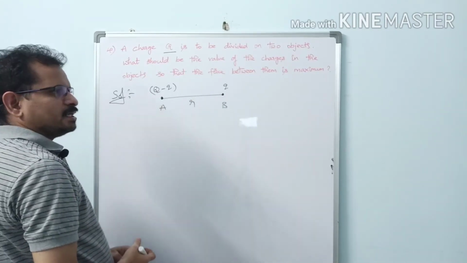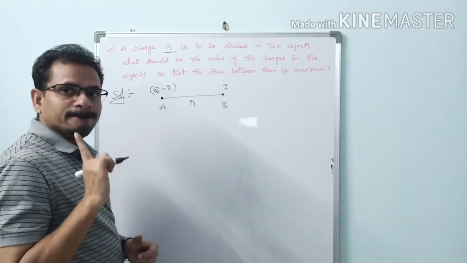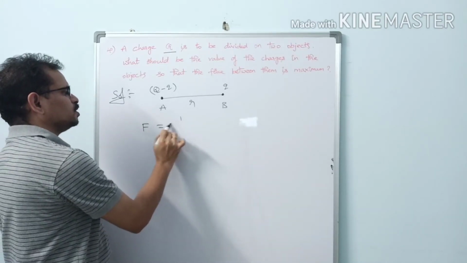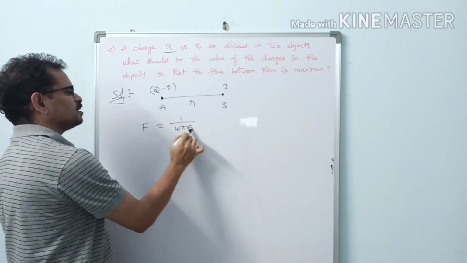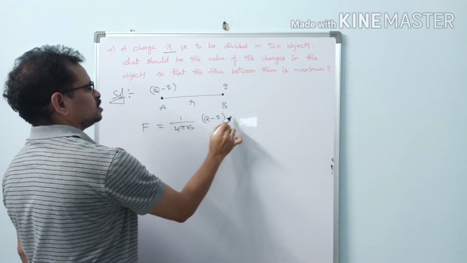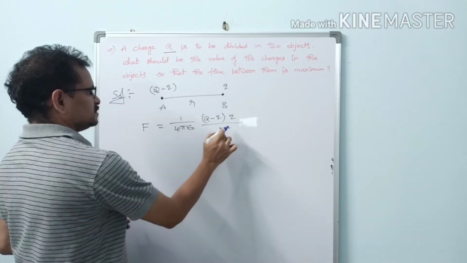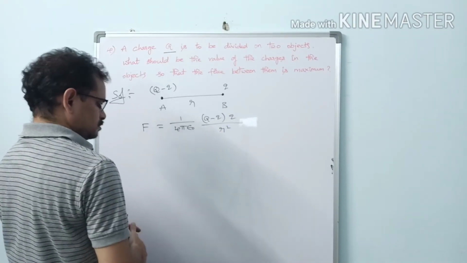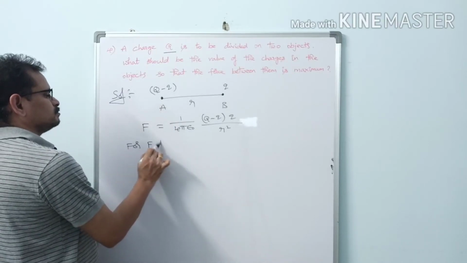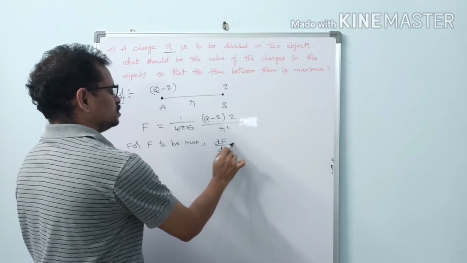Our target is to make the force between these two charges maximum. First let us write the force expression: F equals 1 by 4 pi epsilon naught q1 q2 by r square. What is q1? This much, q2 this much, by r square. We know for F to be maximum, dF by dq must be equal to 0.